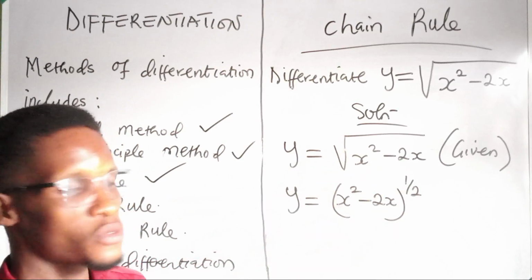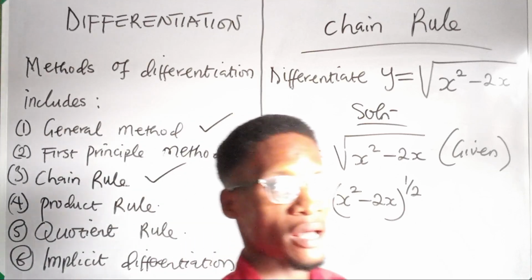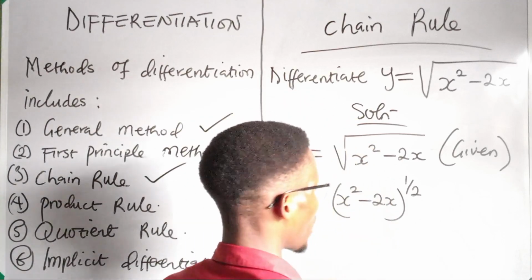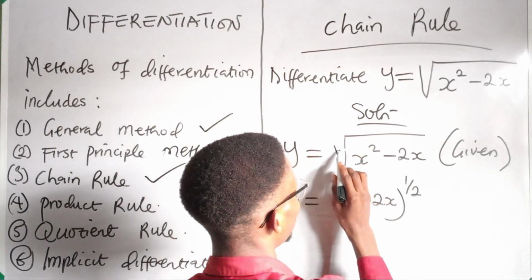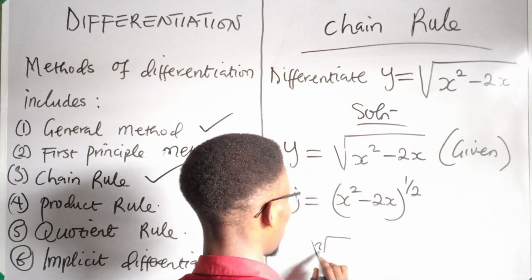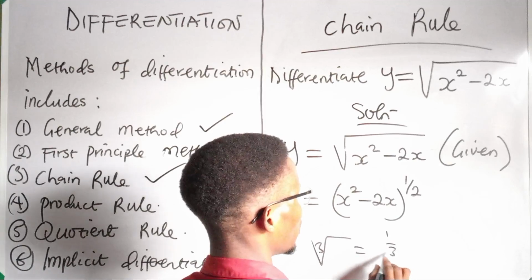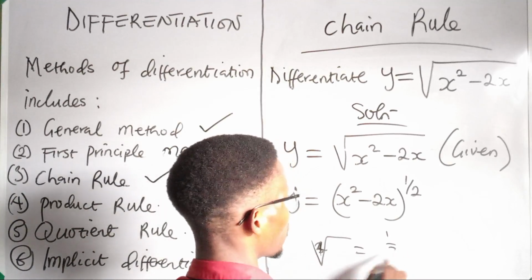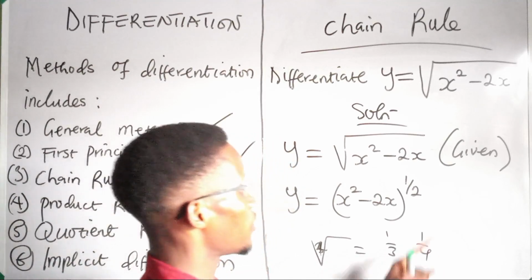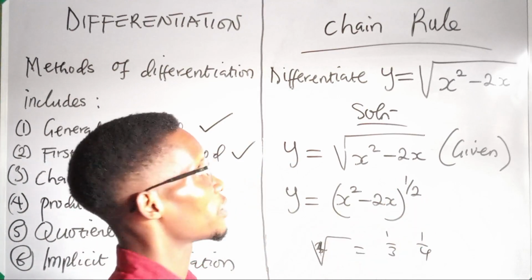If we have a cube root, it is the same as 1 over what? 3. Then fourth root is 1 over what? 4. So that's why we're having 1 over 2 here.